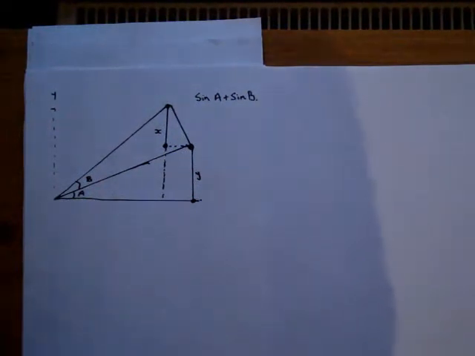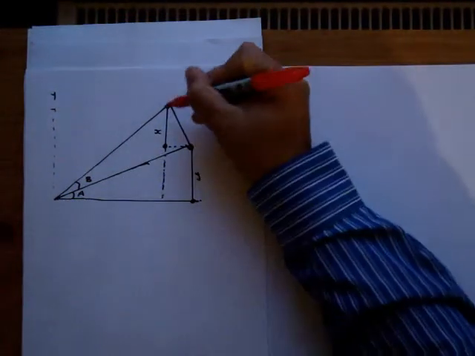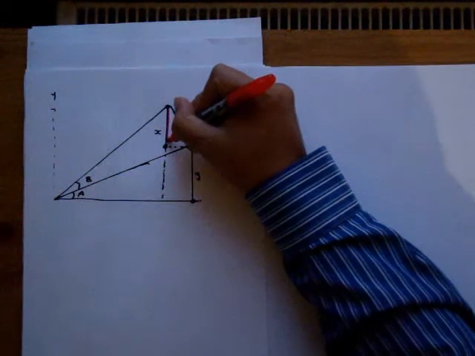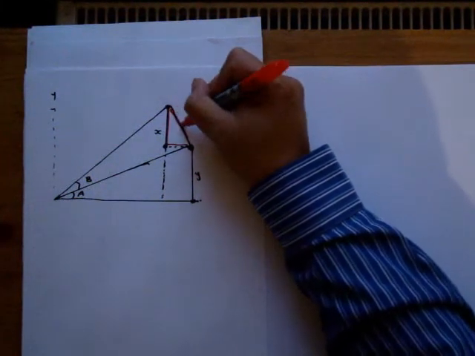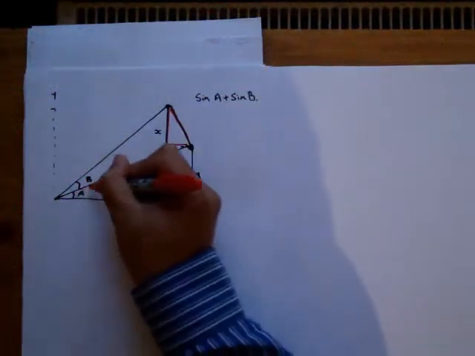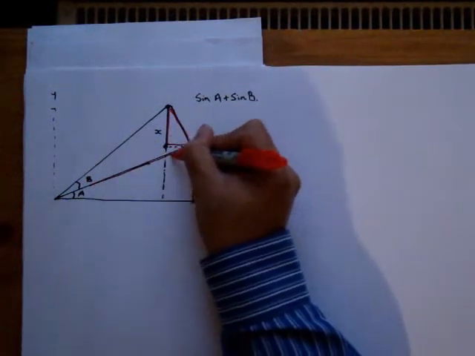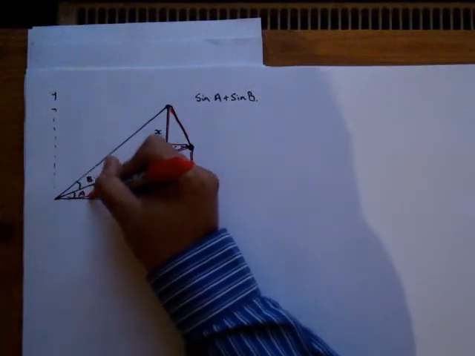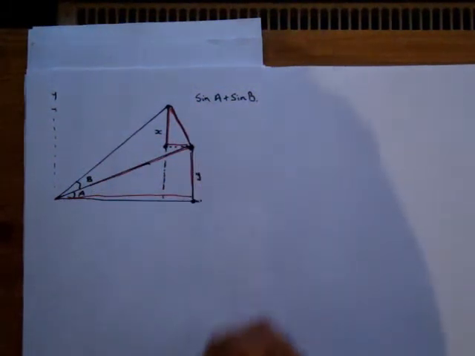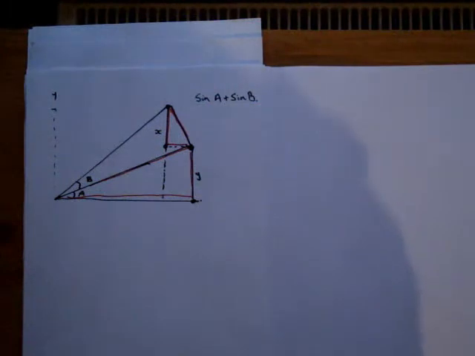In this, we have to realize that this triangle here in red and this triangle here are in fact similar triangles.